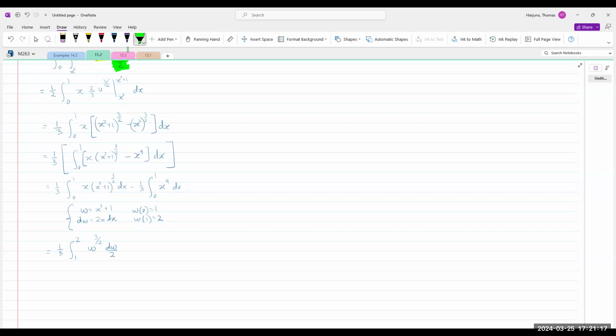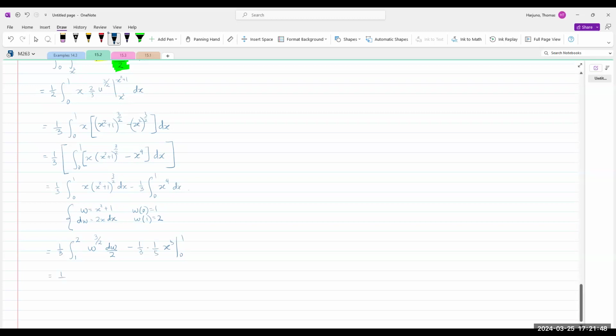Do you see the technique again? x dx is dw over 2. Okay? And then that's the first part. And the second part will be the easy integral, minus 1/3 times 1/5 x to the 5th from 0 to 1, which is 1 over 15.